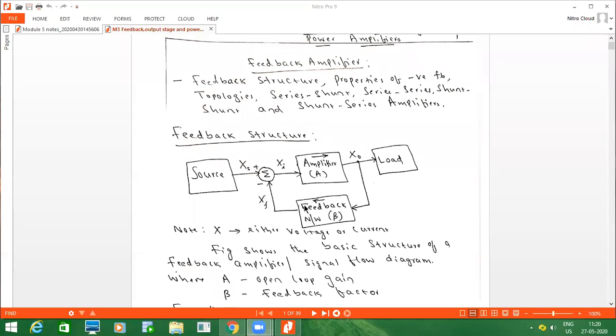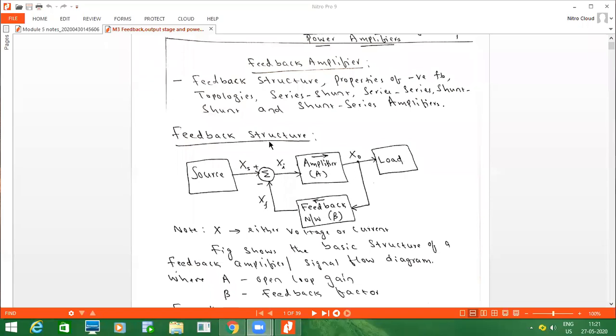When these two signals are out of phase, meaning a 180-degree phase shift. With respect to phase we are speaking, not with respect to amplitude. When these two signals are producing a 180-degree phase shift or out of phase, that kind of feedback network we call a negative feedback.